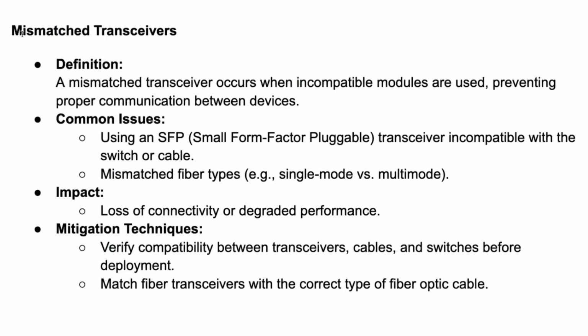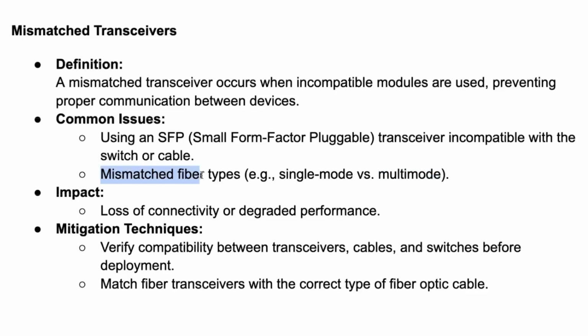Now, a mismatched transceiver occurs when incompatible modules are used, preventing proper communication between these devices. For example, using a small form factor pluggable transceiver, an SFP transceiver, that is incompatible with the switch or the cable that you're trying to use, or you have mismatched fiber types, so a single mode fiber or a multi-mode fiber. Single mode is designed for longer distances, multi-mode for shorter distances.